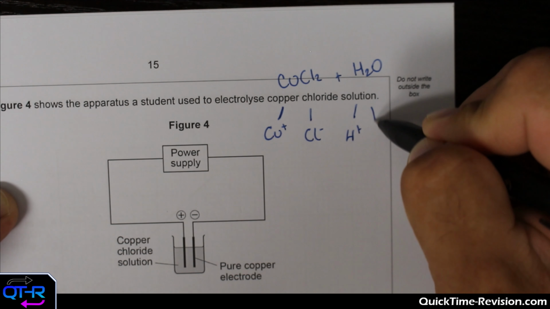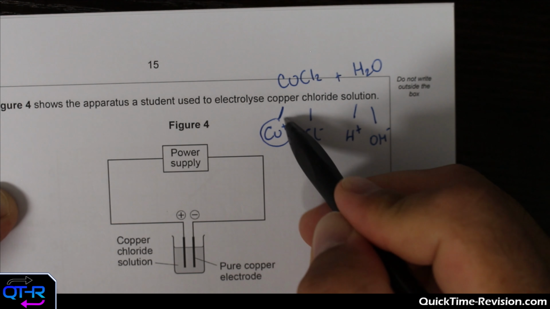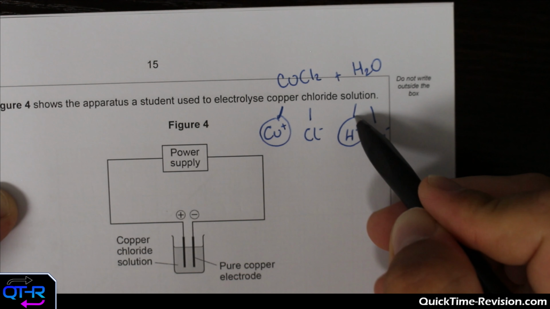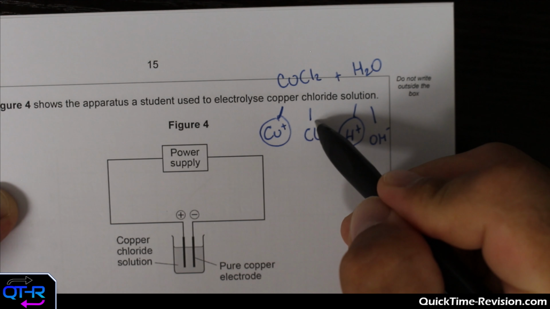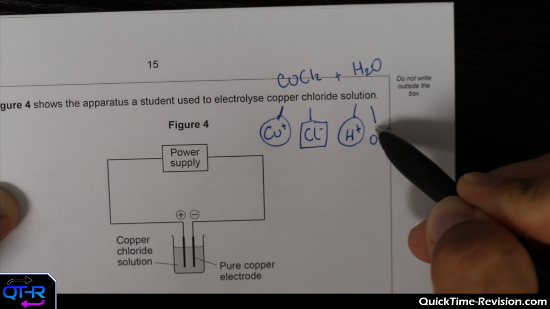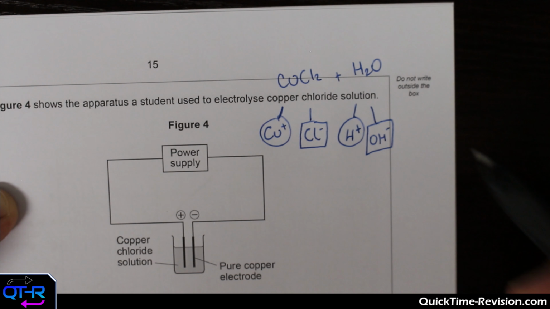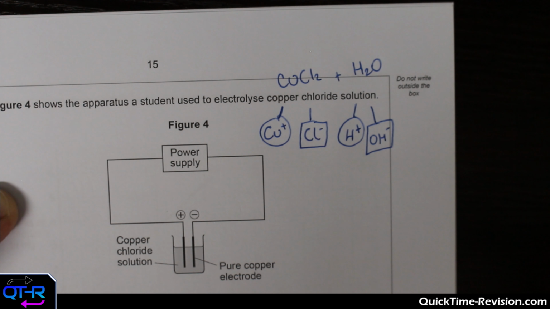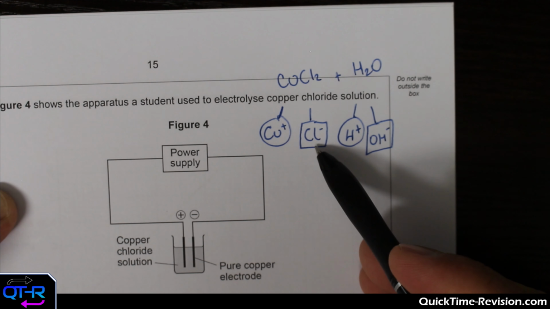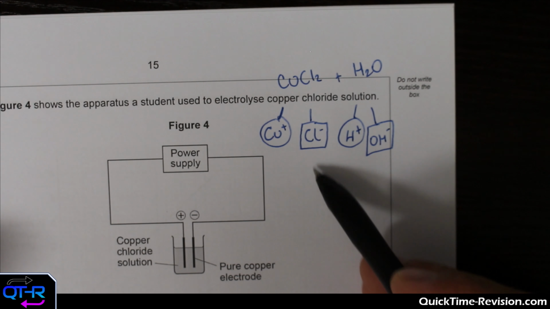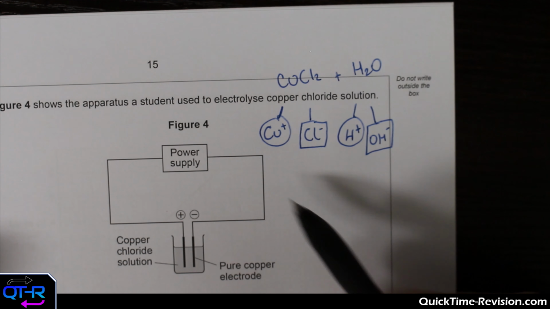Okay, so now we have 2 positives competing with each other to go to the negative electrode, and 2 negatives competing with each other to go to the positive electrode. They're going to be attracted to the cathode, which is the negative electrode, and the anode, which is the positive electrode, respectively.